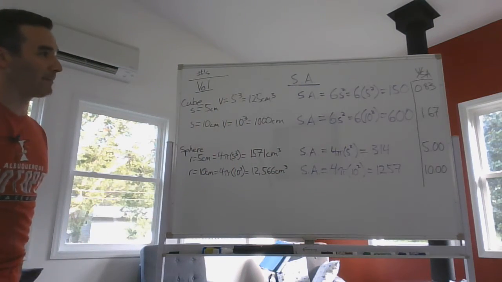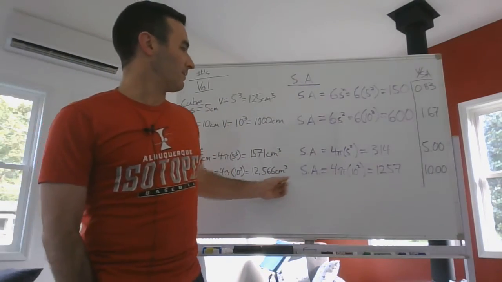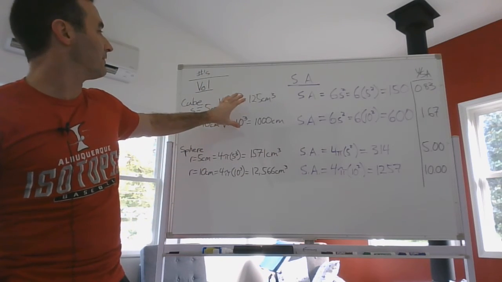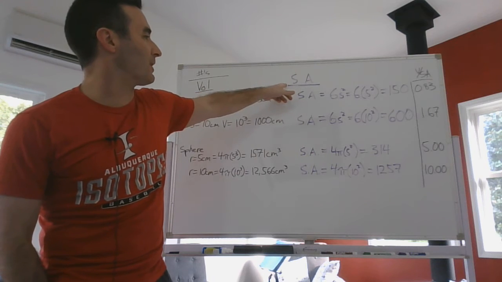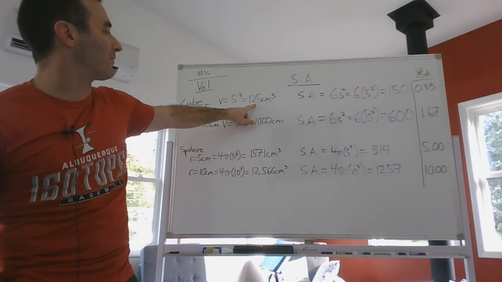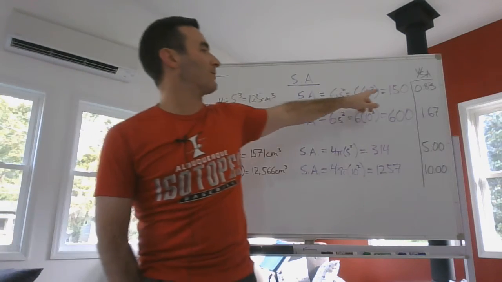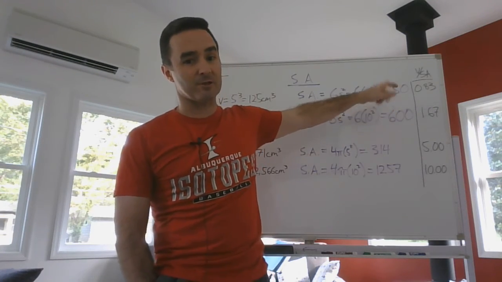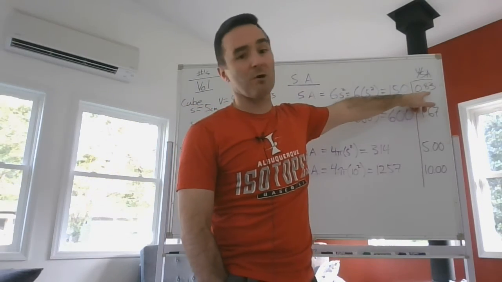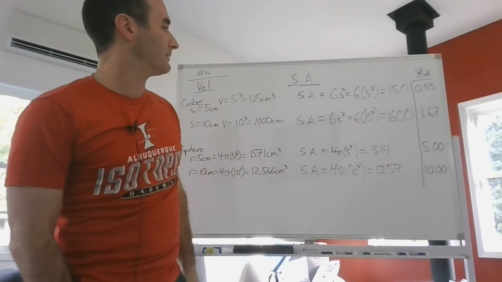So what happens to your ratio here when you compare them? Well, look at your volume to surface area comparison. You have a volume of 125 cubic centimeters to a surface area of 150 centimeters squared. Oh, your volume is actually lower than your surface area.